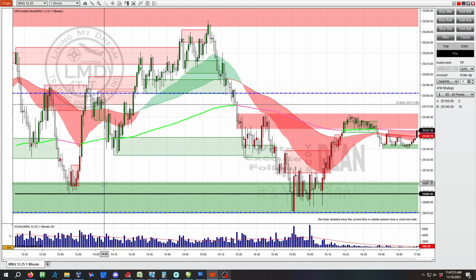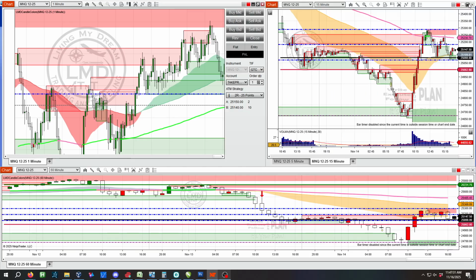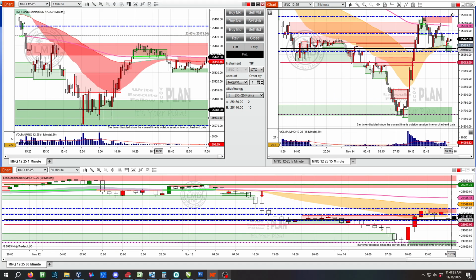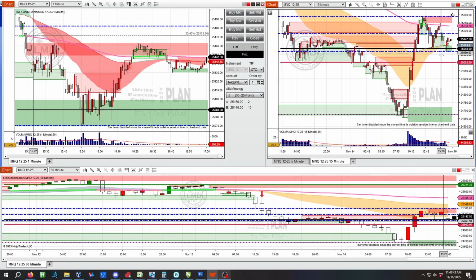I'll come in, I will draw channels as I see fit. You see these blue lines on the chart? Those lines were drawn based on this 15-minute chart. Notice the high for the most current supply, that's the upper one. The low for the most current demand, that's the lower one.